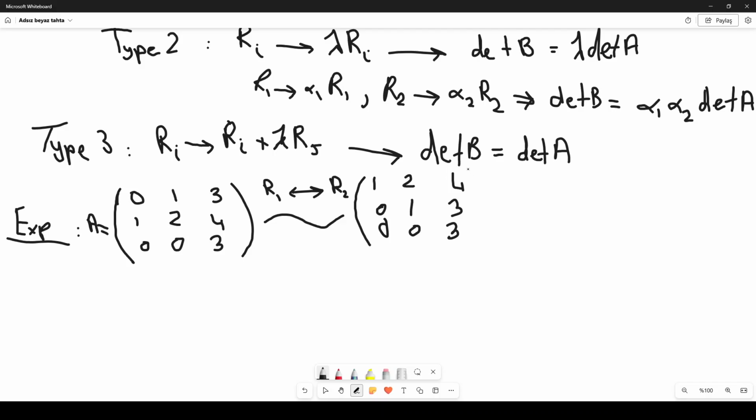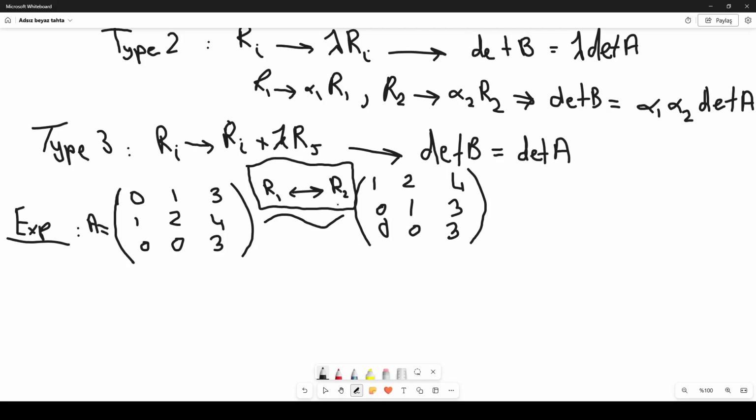And again, while reducing our original matrix to row echelon form, we also keep track of the number of elementary row operations of type 1 and type 2. If we only perform type 3 operations, then there would be no problem. But here, as you noticed, we performed a type 1 operation. And what is the contribution of this type of operation? Well, in the end, I need to multiply my determinant by -1.